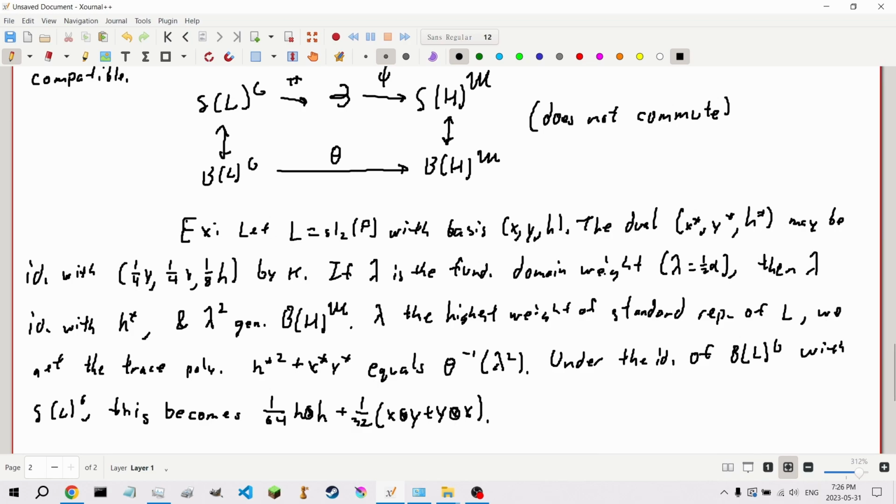Now, pi maps this element to 1/64th of h squared plus 1/32nd xy plus 1/32nd of yx in our fancy set.